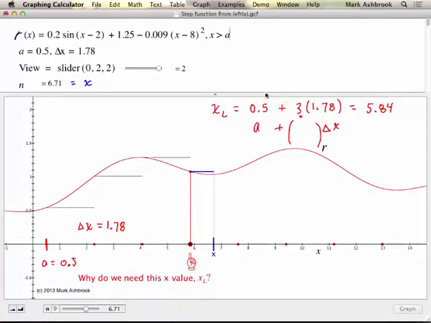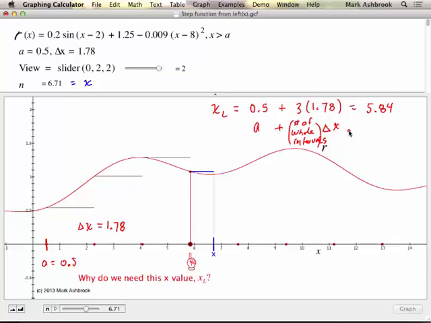So this is the number of full intervals. This is the general structure of finding that left x value: the starting value A plus the number of whole intervals times delta x. Does that make sense?